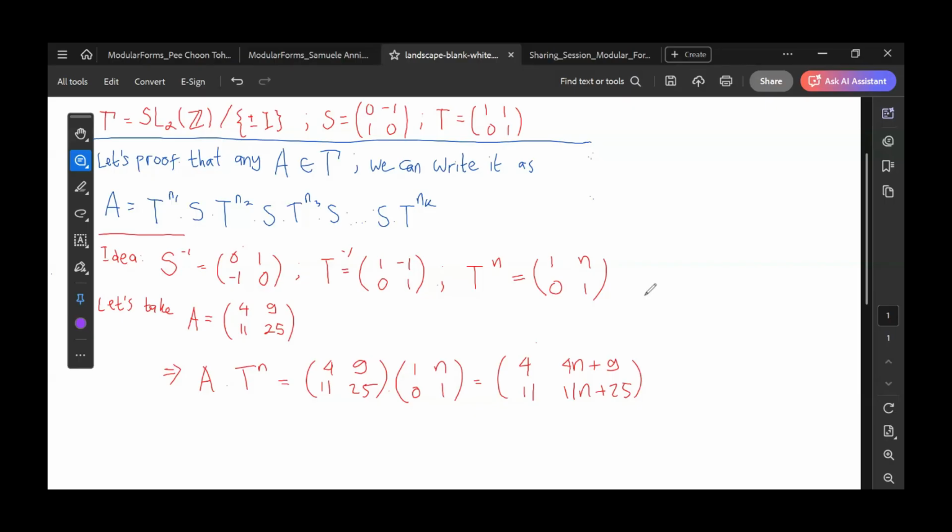We can find some n such that the value is less than 11, right?